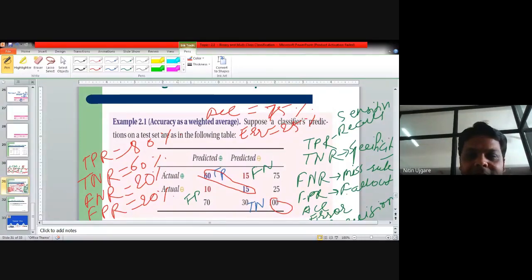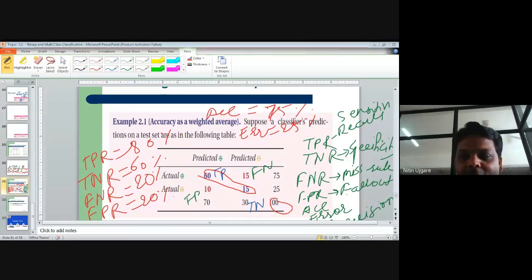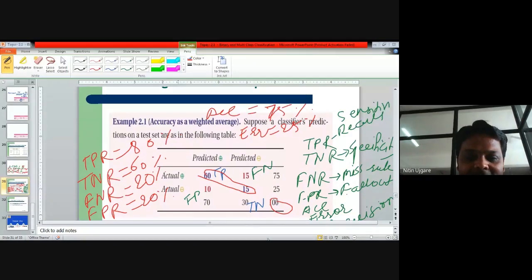Then the F1 measure. You have not calculated the F1 measure and the precision. Tell me the precision first. What is the precision? Precision for this class is 90%. How do we calculate the precision?